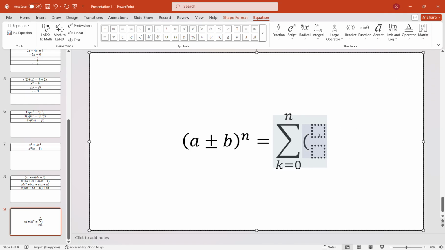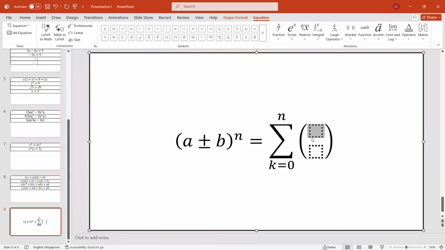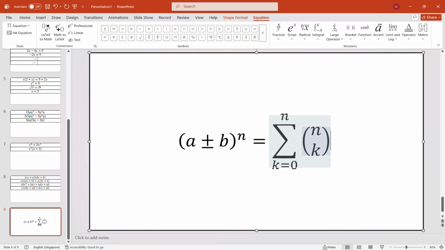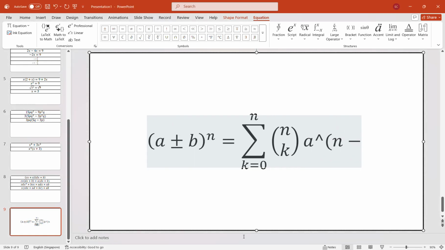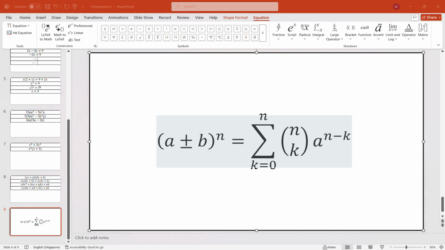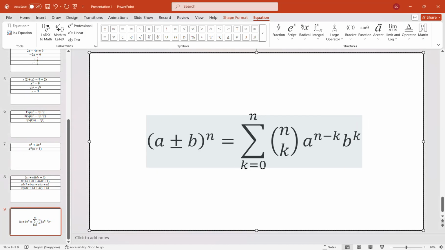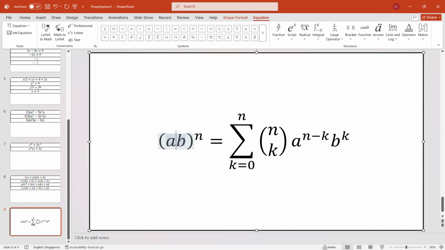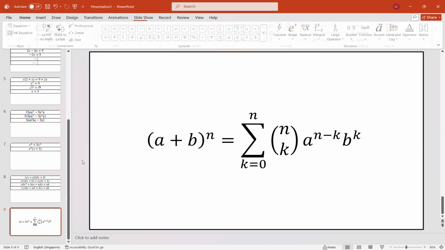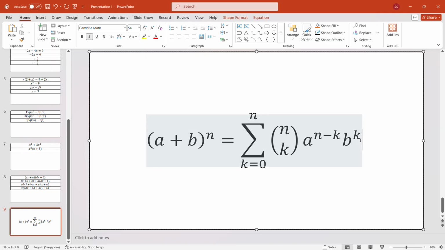I think this is n choose k, a to the power of n minus k, b to the k. I have no idea what I just said. I think this is the binomial theorem, I think.